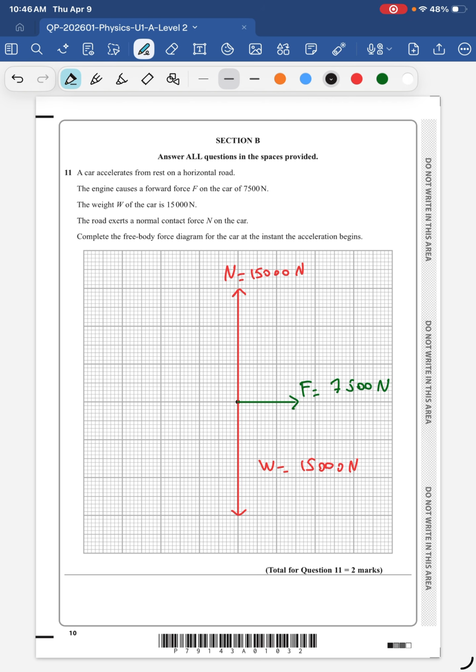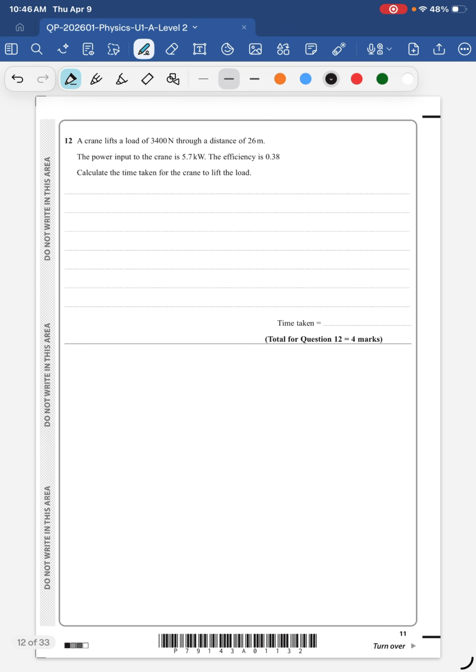Let's move on to the next question. A crane lifts a load of 3,400 newtons through a distance of 26 meters. The power input to the crane is 5.7 kilowatts. The efficiency is 0.38. Calculate the time taken for the crane to lift the load. First of all, let's find how much energy we need for the lift.